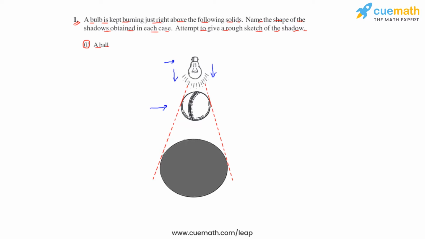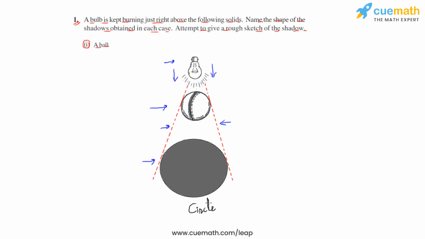So we see that these are the rays of light, and this is the shadow so formed, where we see the shape of the shadow is nothing but of a circle. So we see that when a spherical ball is placed under a lamp, the shadow is circular in shape.